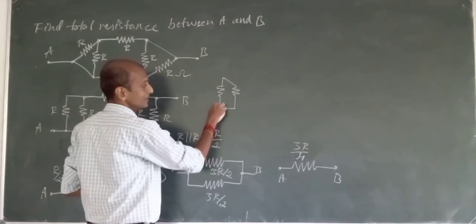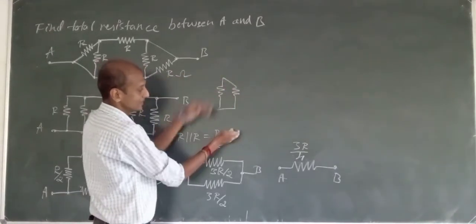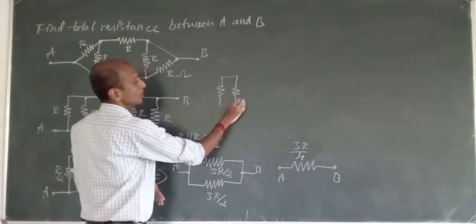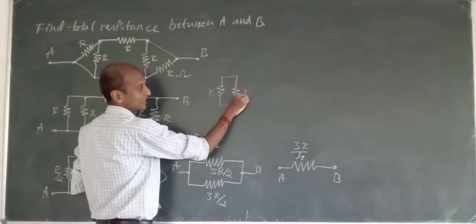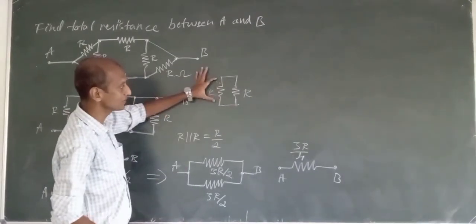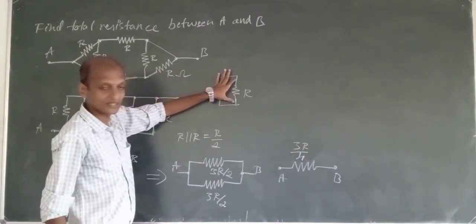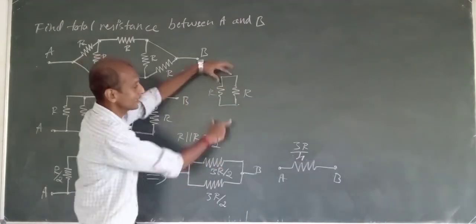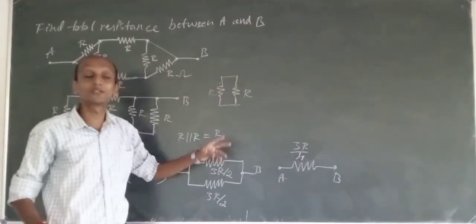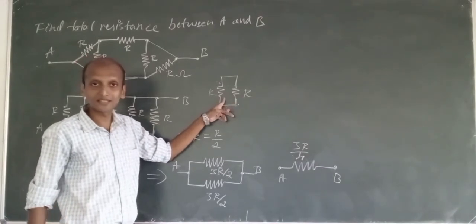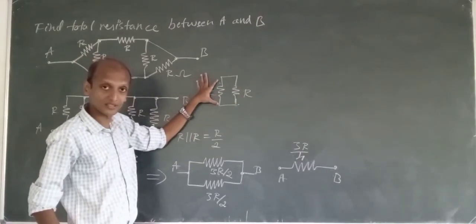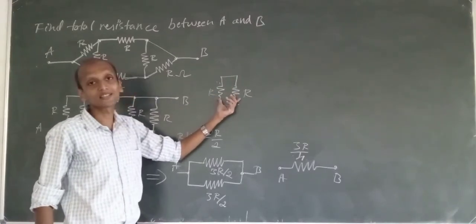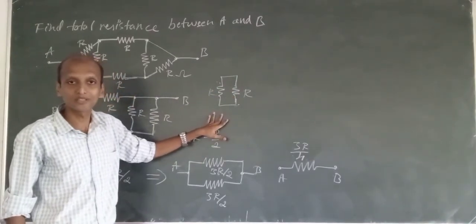I have one resistance R and another resistance R. If both the ends of this resistance are connected to both the ends of the other resistance, then I can say these two resistors are connected in parallel, isn't it? So both are said to be in parallel combination.